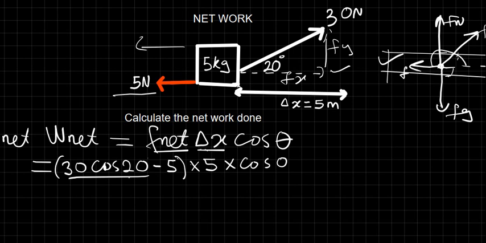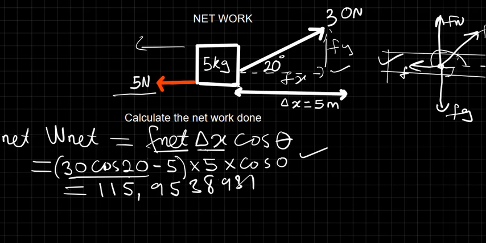If I put everything inside my calculator, I'm going to get 115.9538931. So to 2 decimal places, I'm going to get 115.95 joules.